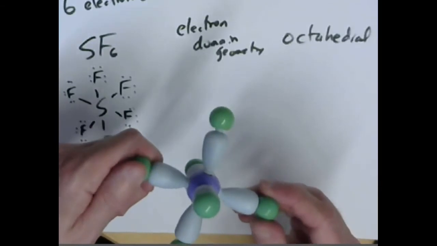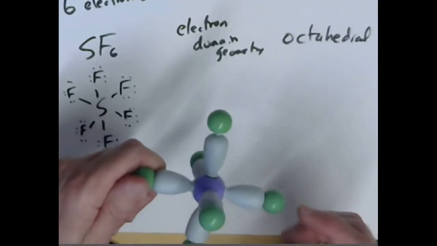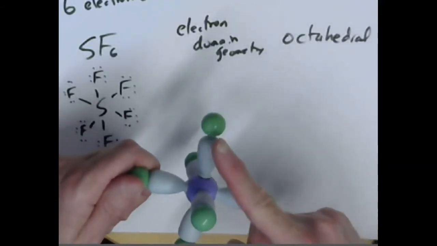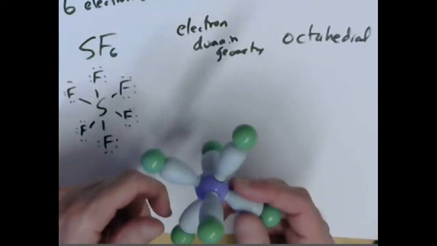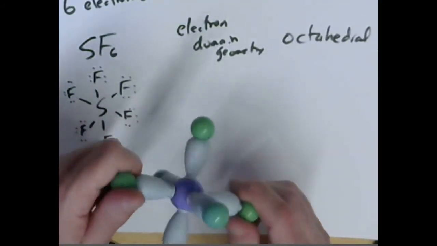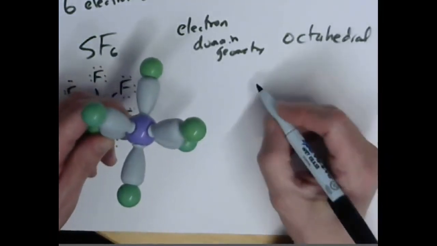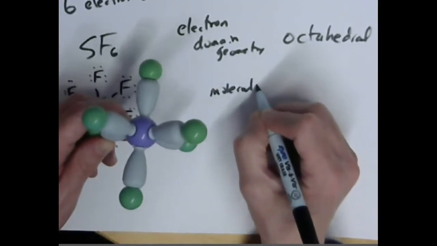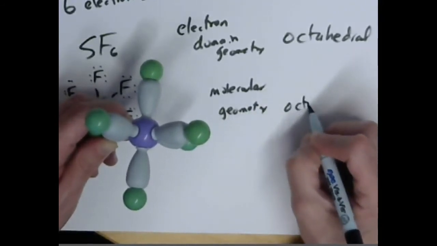You might think of it as being two square pyramids that are base to base, not face to face, but base to base. So there's my octahedron. And there are no non-bonding pairs of electrons on this molecule, so it also has a molecular geometry being octahedral.